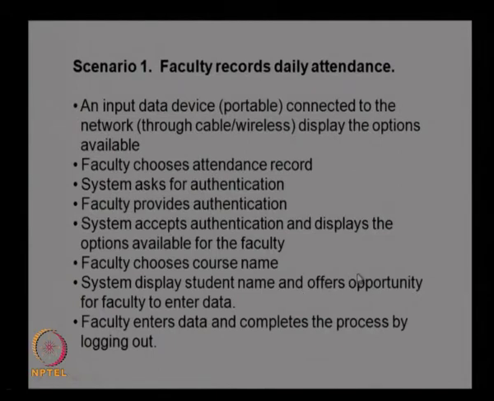Then only the faculty can record the data, and then faculty enters data. Again, we need to have some facility for the faculty to enter the data into the system. So, these are all the requirements which can be identified from this particular scenario.